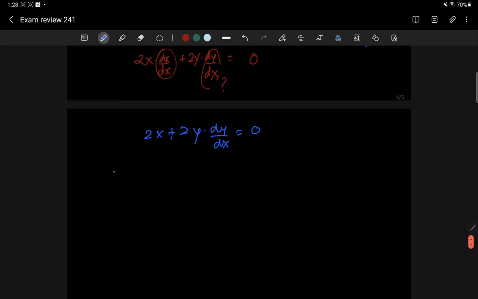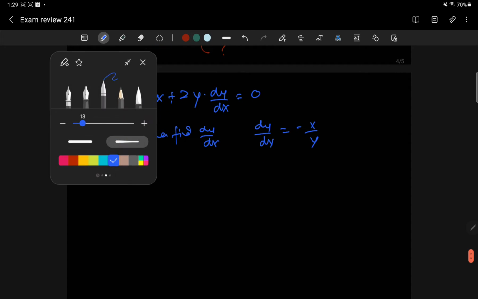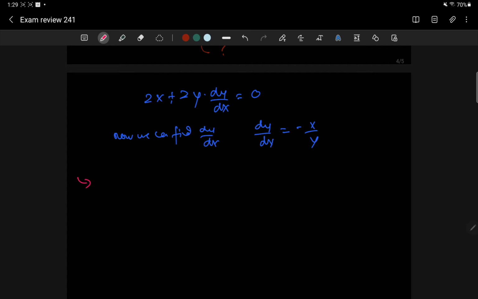And now it turns out that we can find dy over dx. Because if you move things around, you get dy over dx is negative x over y. So it's a consequence of this that we can use this to find the unknown dy over dx.